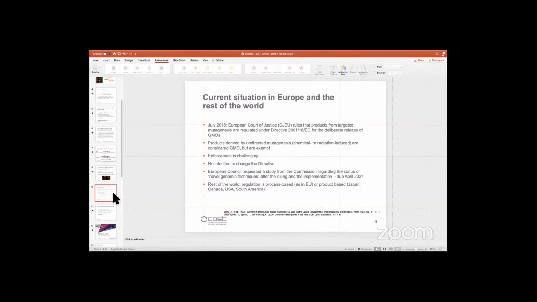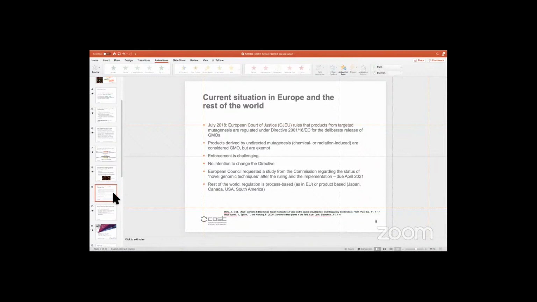It ruled that products from targeted mutagenesis like CRISPR-Cas or ODM are still regulated under Directive 2001 for the deliberate release of GMOs, while products derived from undirected mutagenesis, which cause many more mutations, unknown mutations, much larger effects, are considered GMO, but are exempt from regulation because they have been safely used for many years. And CRISPR-Cas doesn't have that claim.